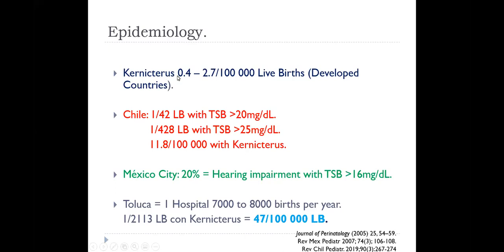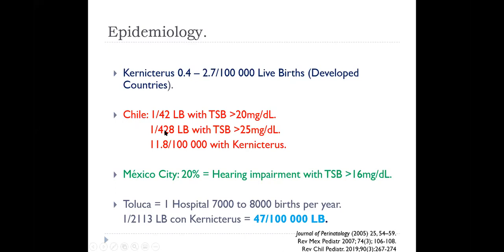The prevalence of kernicterus in developed countries is 0.4 to 2.7 for each 100,000 live births. What happens in Latin America, especially in Chile?